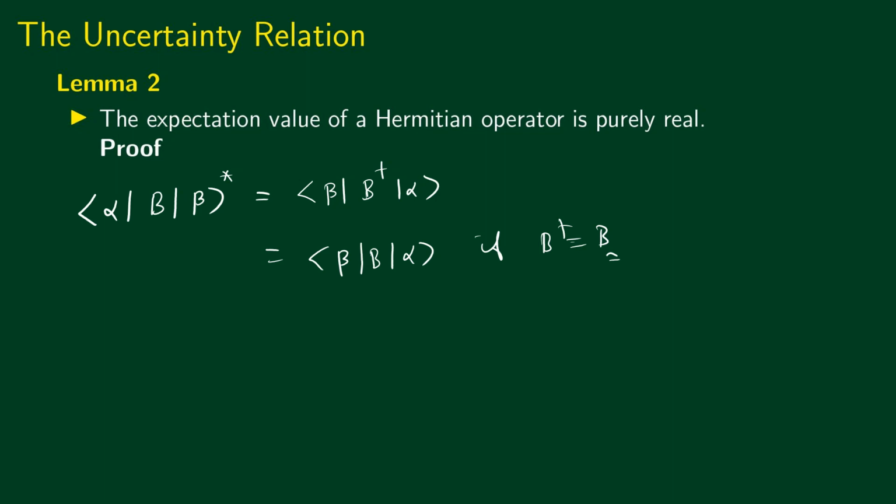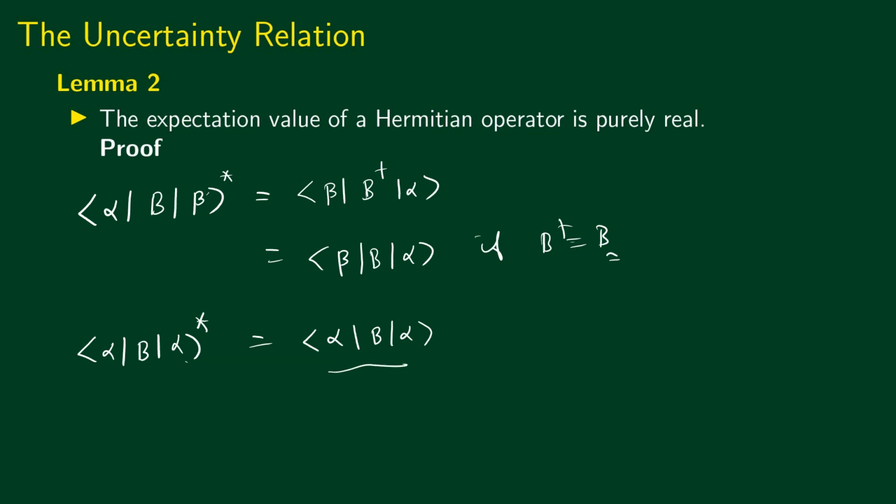So let's find the expectation value of operator B, which is Hermitian. Using the same rule, instead of ket beta I have a ket alpha here, so bra alpha B ket alpha star is equal to bra alpha B ket alpha. We have got a number which is the complex conjugate of itself, which means that this is a real number, or the expectation value of a Hermitian operator is purely real.